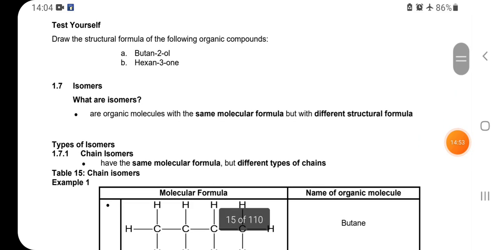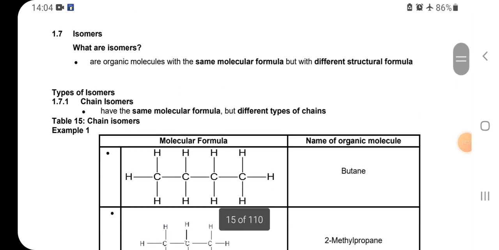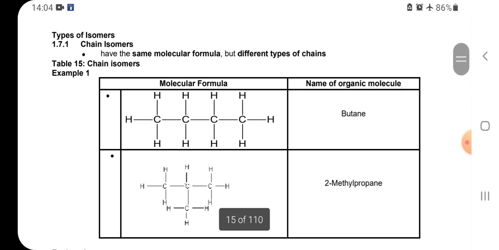And then again, let's talk about isomers. What are isomers? Organic molecules with the same molecular formula but different structural formulas. The types of isomers: we have chain isomers, which have the same molecular formula but different types of chains.